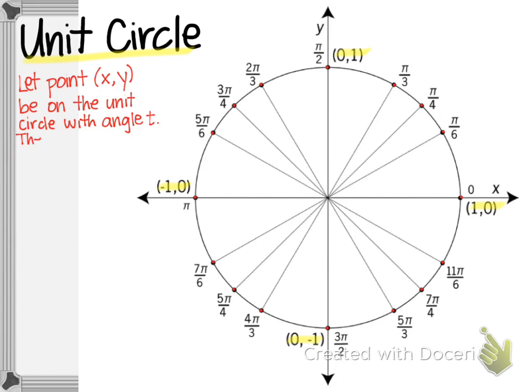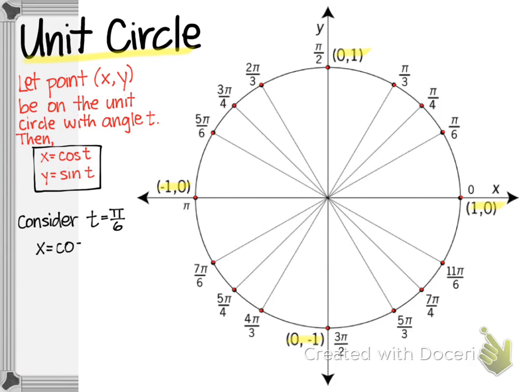And with angle t, if this is the case, then x will be equal to cosine t and y will be equal to sine t. We use that relationship a lot, that x is cosine of the angle and y is sine of the angle. So consider if I looked at the angle to be pi over 6.